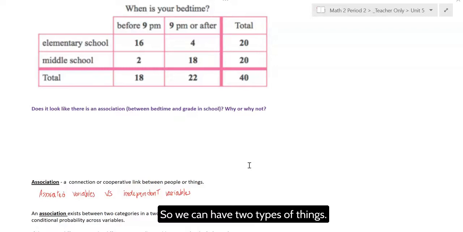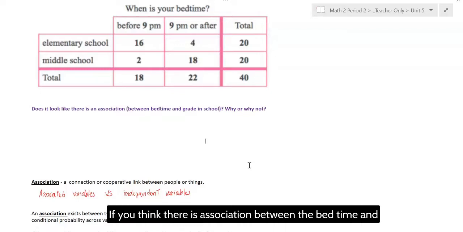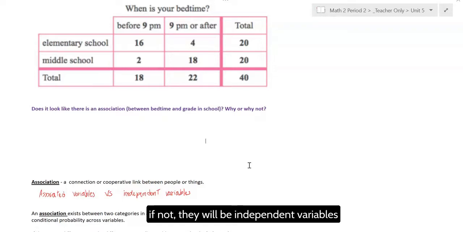So we can have two types of things. Our variables can be associated or independent. If you think there is association between the bedtime and the grade in school, they are associated variables, and if not, they will be independent variables.